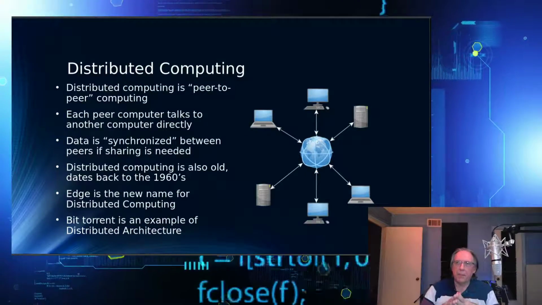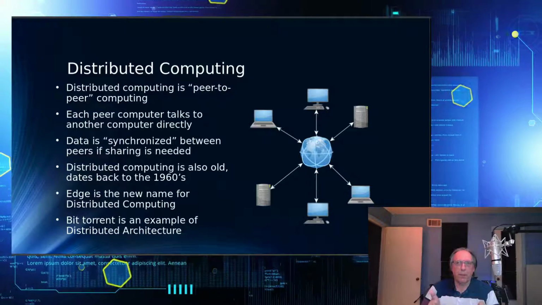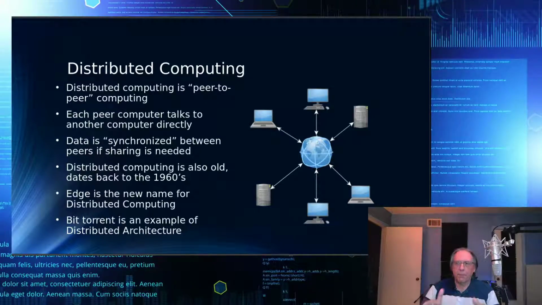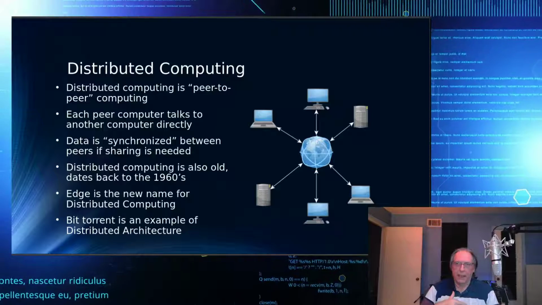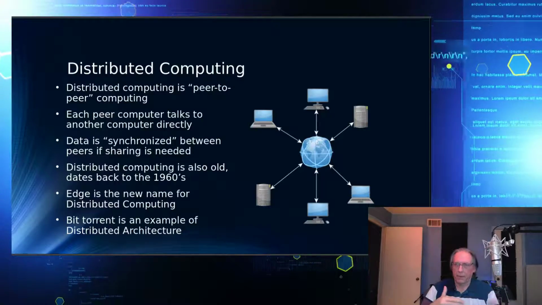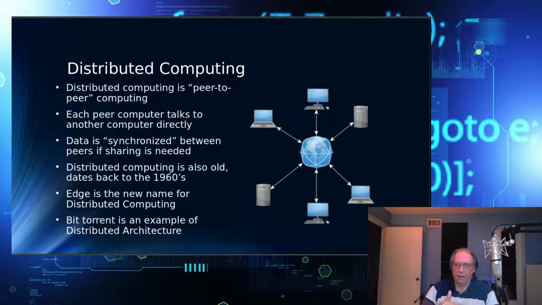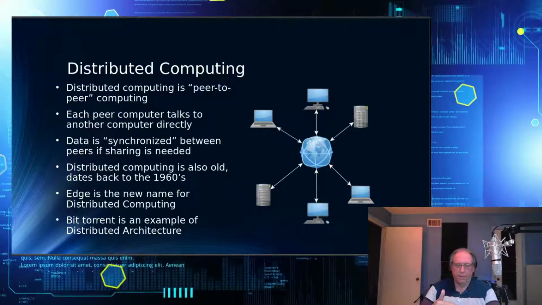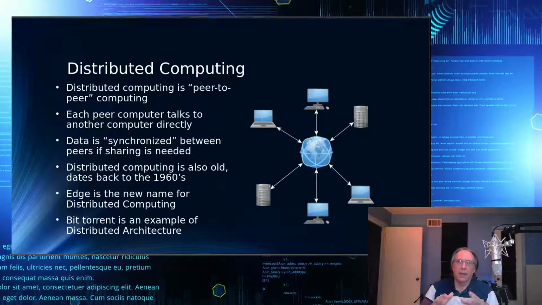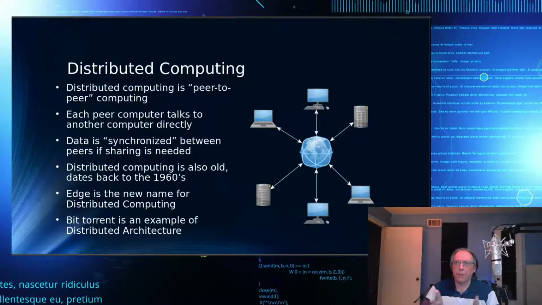In distributed computing, this is peer-to-peer. Every computer on the network talks directly to any other computer on the network. There isn't any middle server that it goes through. It just talks directly to it. Skype originally was peer-to-peer.